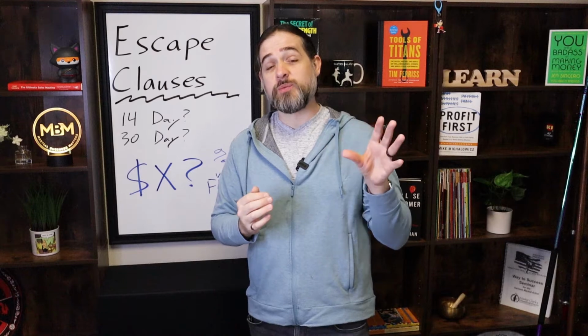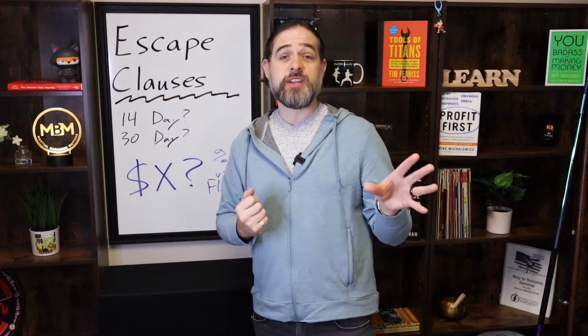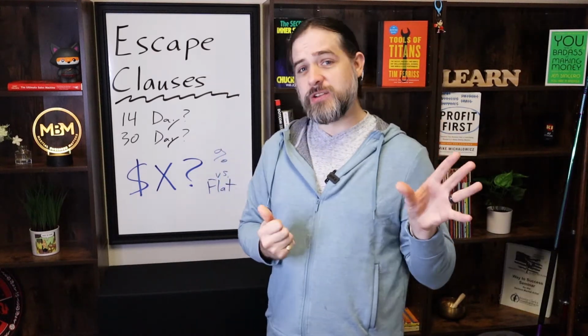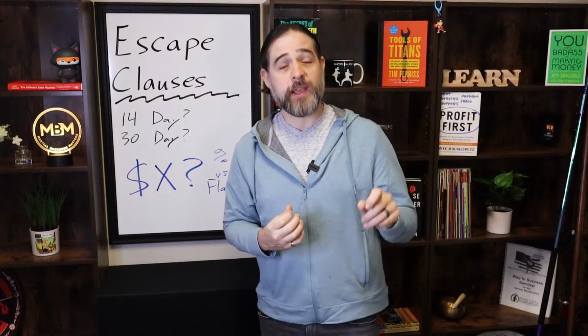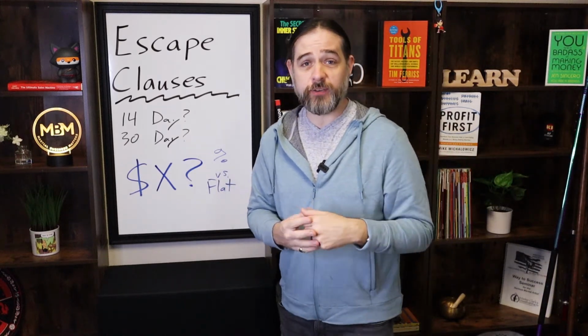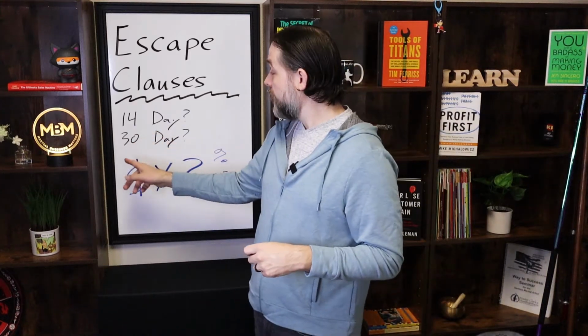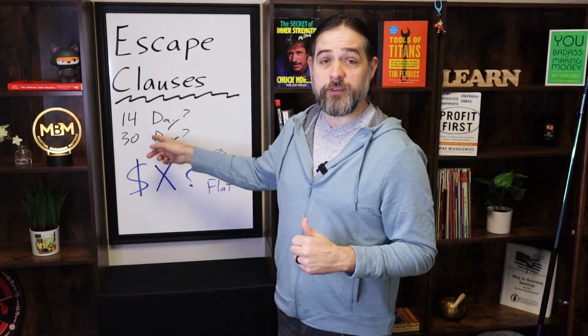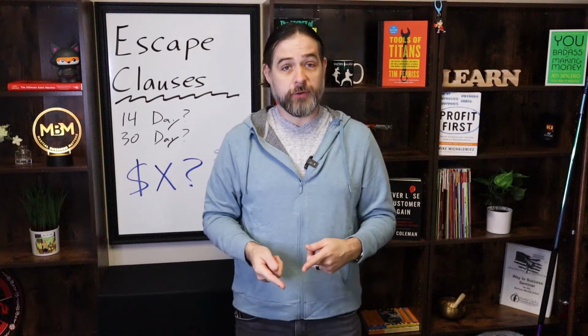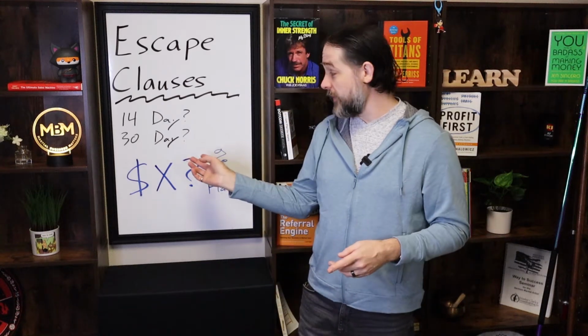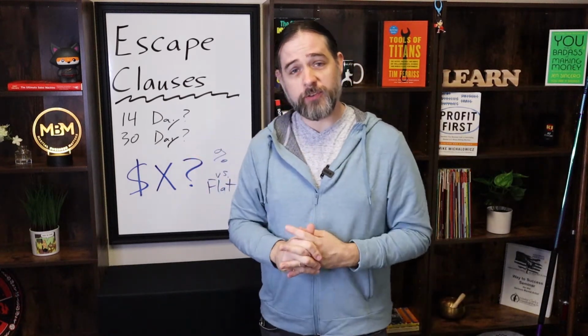Your state might have specific rules and regulations for exactly how that has to be structured by law, and your attorney will know those details. But some typical examples are 14-day notice to cancel, 30-day notice to cancel, and 1 billing cycle notice to cancel. I didn't put that up here on the board, but 1 billing cycle notice to cancel.